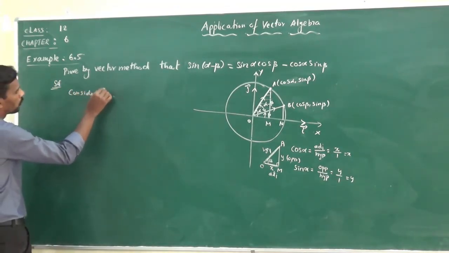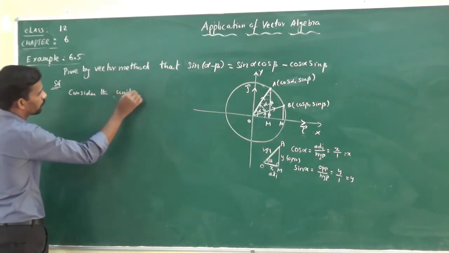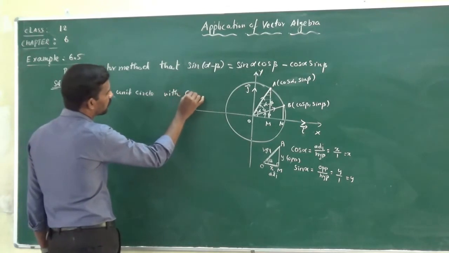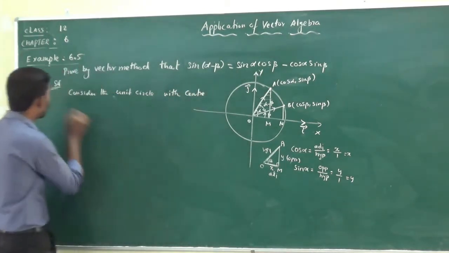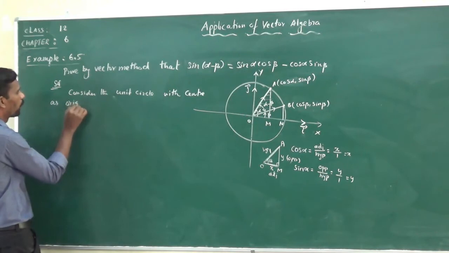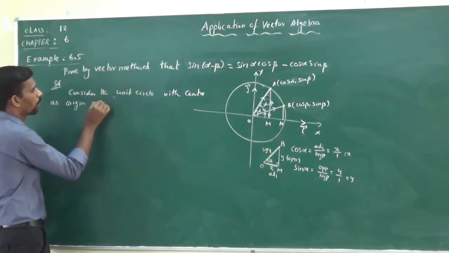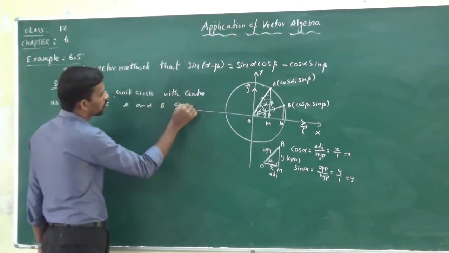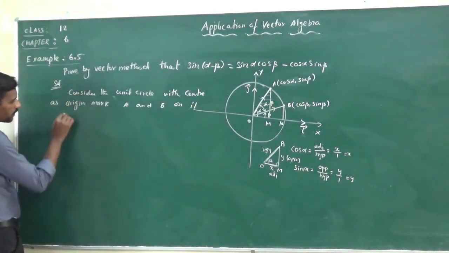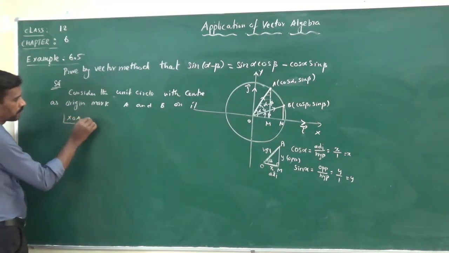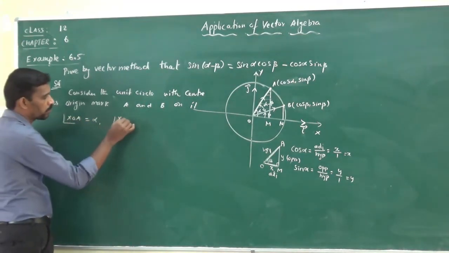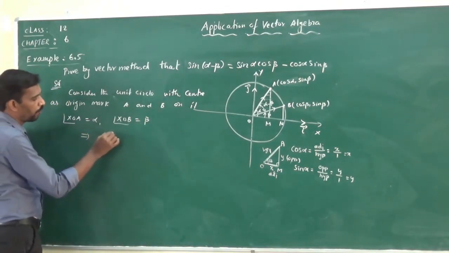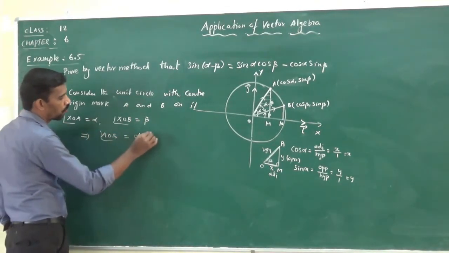Consider the unit circle with center as origin, mark A and B on it, and take angle XOA which is equal to alpha, XOB which is equal to beta, which implies AOB is equal to alpha minus beta.